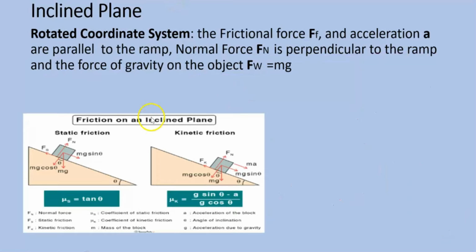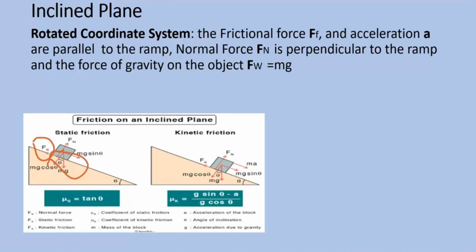Okay. Based on what we explained before, here is a clearer definition. Looking at this image, the friction can either be static or kinetic. In this first diagram, this is static friction. The normal force, like we mentioned, is always perpendicular to the ramp. Then we have the force of the weight, defined by this angle.